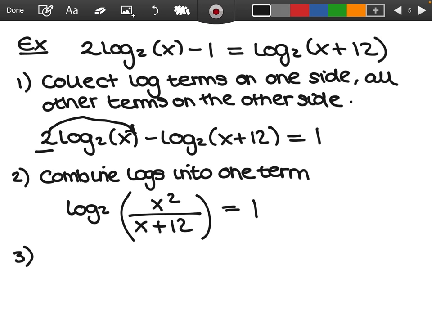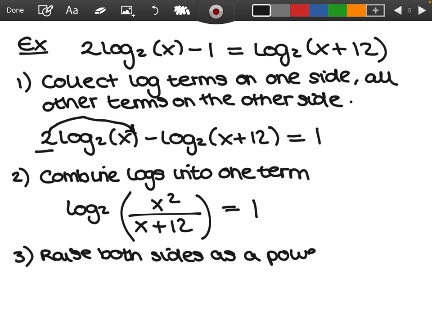The third thing that you're going to do is to raise both sides as a power of the base of that log. So that means that I take both sides as 2 to the power of the left-hand side and 2 to the power of the right-hand side, because my base of my log is 2.